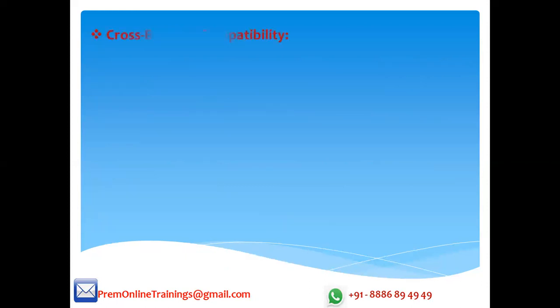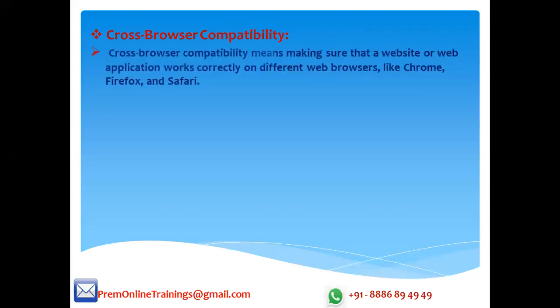Right? See, another feature from the Playwright point of view is that it supports cross browser. So what is the meaning of cross browser? Cross browser compatibility means making sure that a website or a web application works correctly on different web browsers like Chrome, Firefox, Safari.